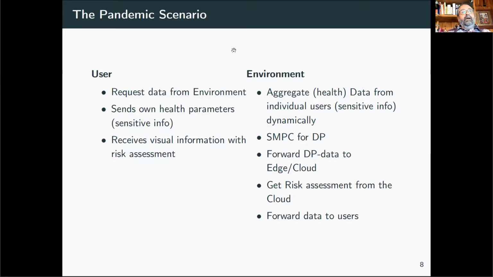So in order to fix this idea into our heads, consider a pandemic scenario in which a single user would like to know whether it is safe or not to go into certain parts of the city. So his environment is producing data.